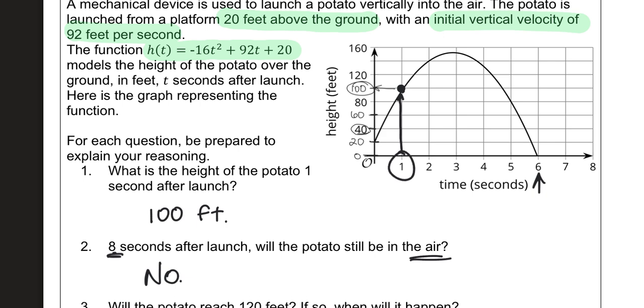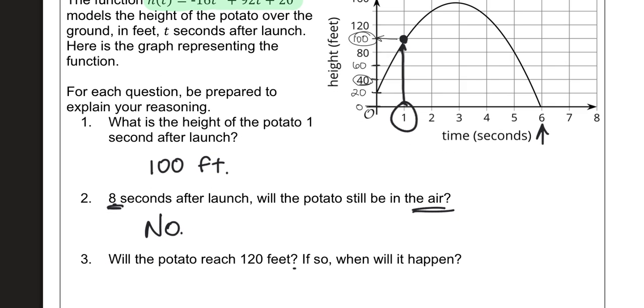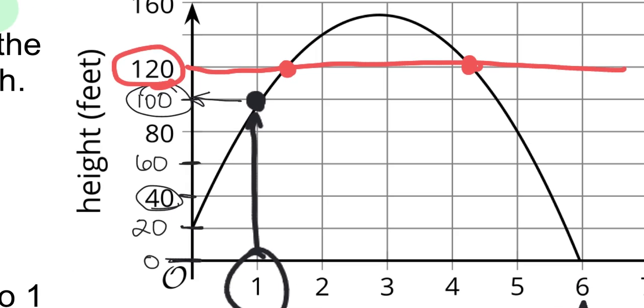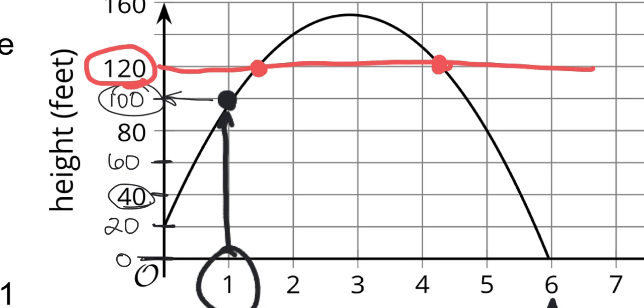Will the potato reach 120 feet? If so, when will it happen? So we're looking at 120 feet over here. We can look across and see, does our graph touch that height? Yes, it does at these 2 points. So we can say yes. And then we can look at our graph and look down at the x-axis to see what those times are.